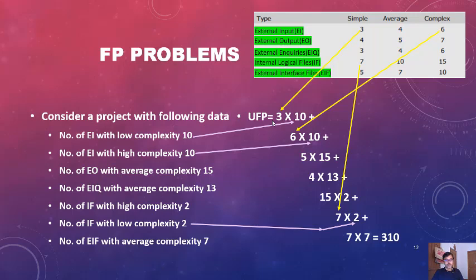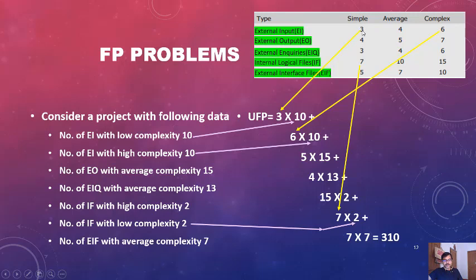The first is external input with low complexity, which is equal to 10. For low complexity, that is simple complexity, the weight of external input is 3.